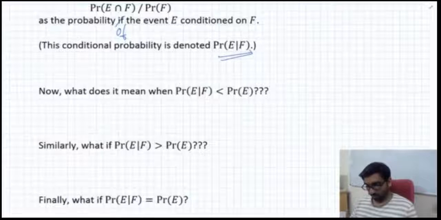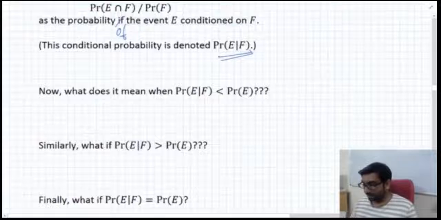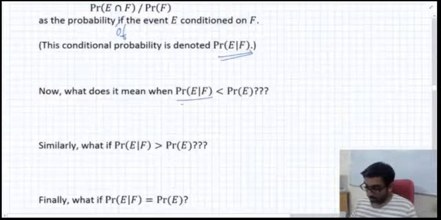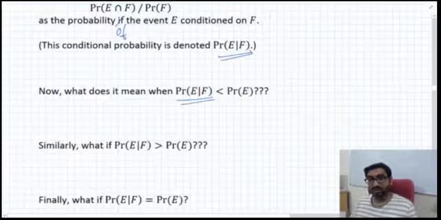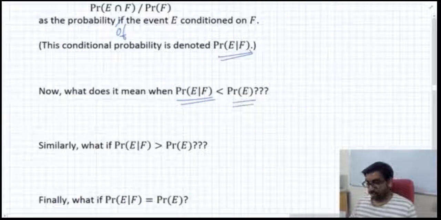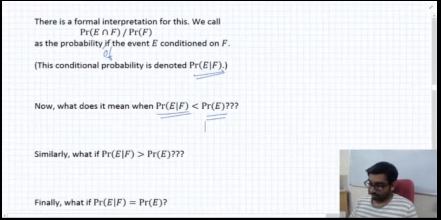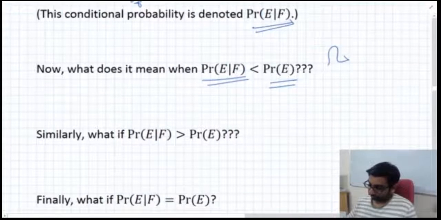Now, what does it mean when the probability of E conditioned on F is less than the probability of E? Here, this is the probability under the restricted sample space. Now the sample space is just F, and we are asking what is the probability of E. On the right hand side is the probability of E in the full sample space of omega.